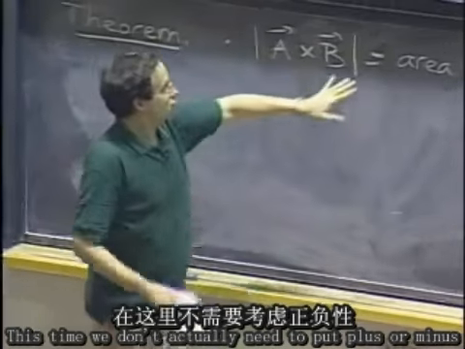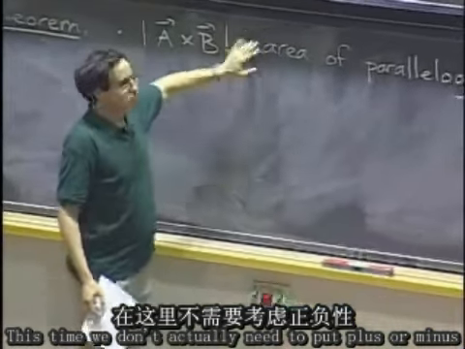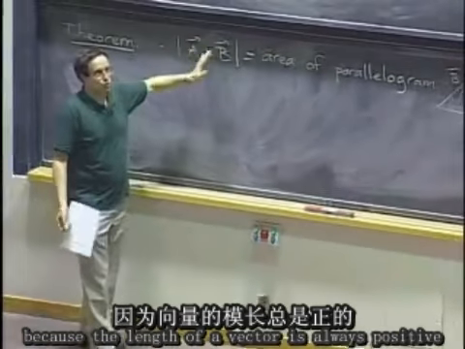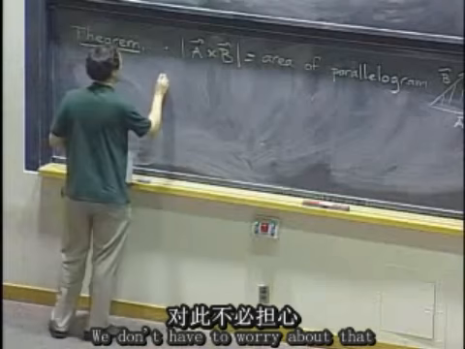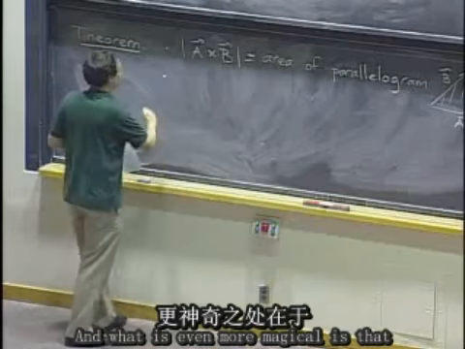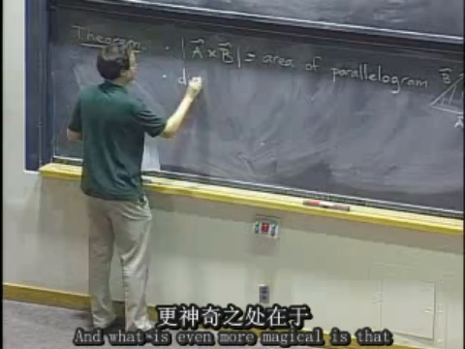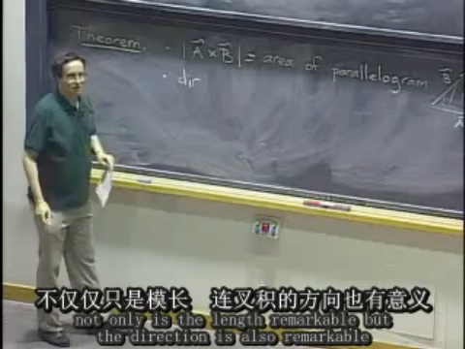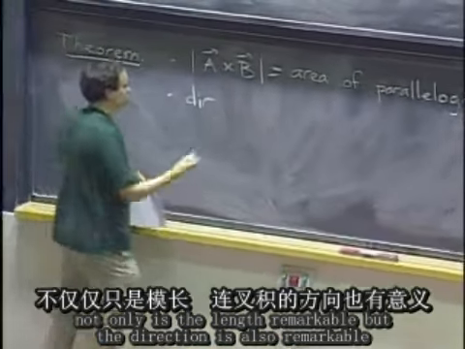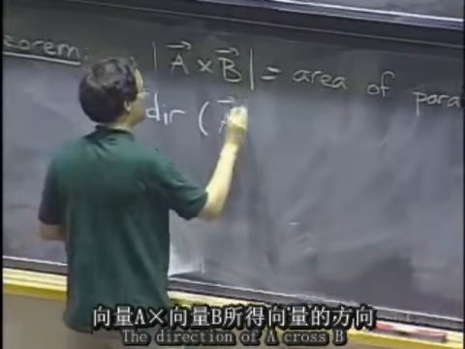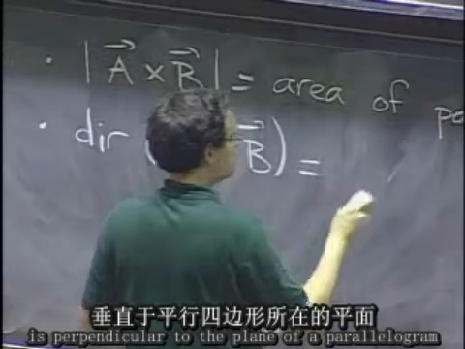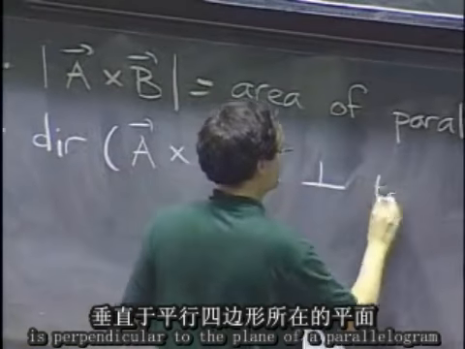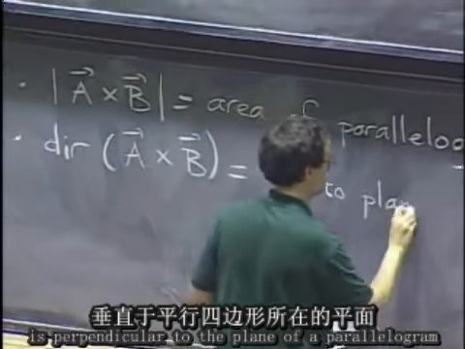This time we don't actually need to put plus or minus because the length of a vector is always positive. And what's even more magical is that not only is the length remarkable, but the direction is also remarkable. So the direction of A cross B is perpendicular to the plane of the parallelogram.